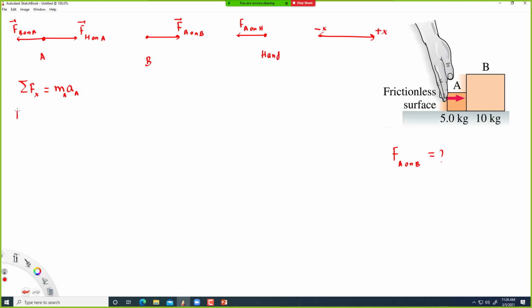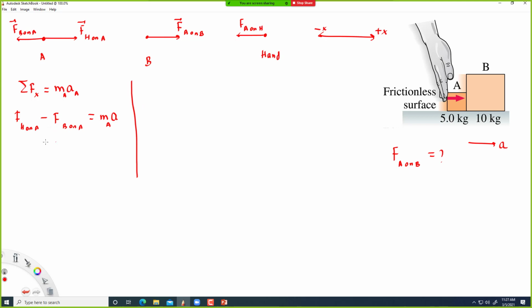So F of hand on A minus F B on A is m A, and they have common acceleration, so I'll just write the acceleration as a. Okay, so that's for that.